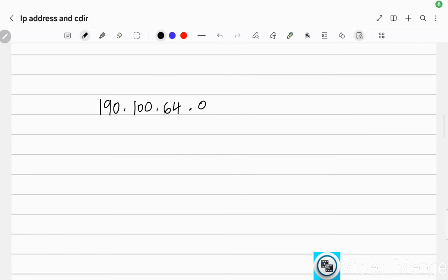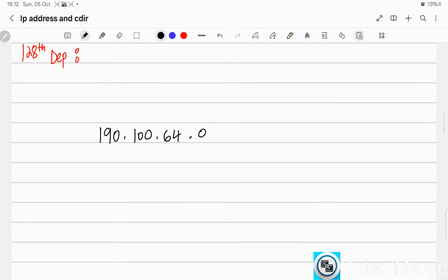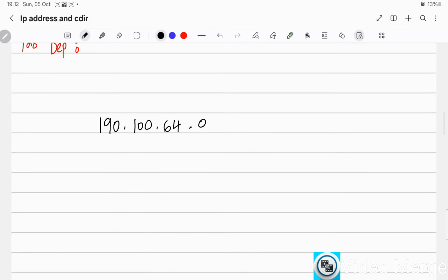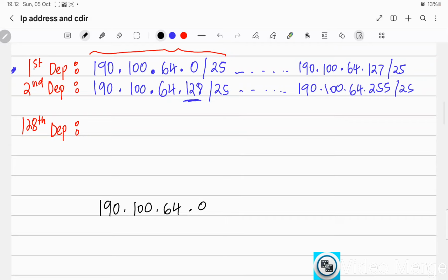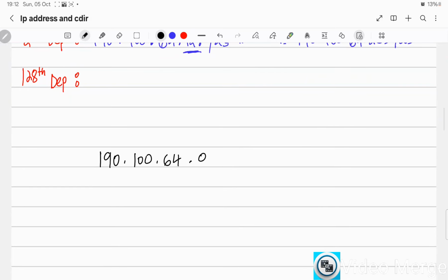This is from the first department right here. The first thing that we need to know is to calculate how far to jump from the first department to the 128th. So let me even write it down.